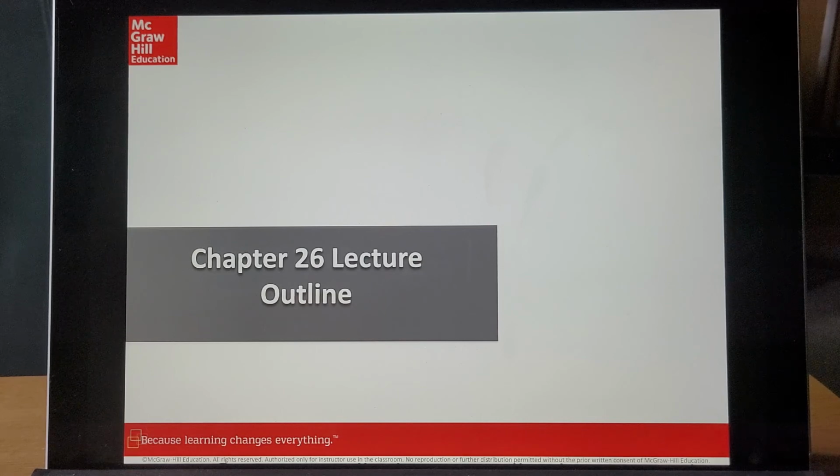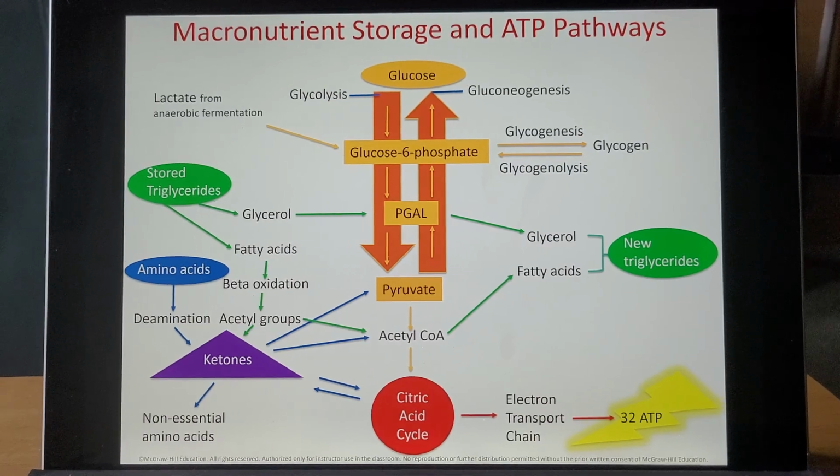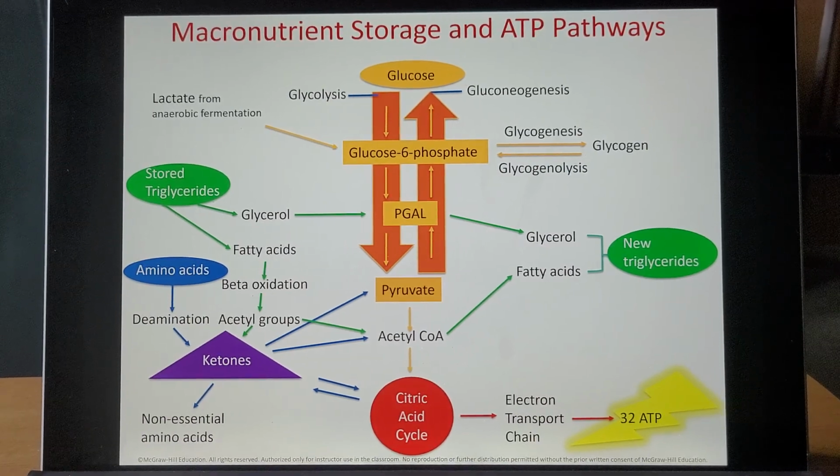So in the first question on the study guide, I talk about this slide, the macronutrient storage and ATP pathways. So with our digestion, we talked about carbohydrates, fats or lipids, and protein. I know it looks like a lot, but this actually contains almost most of what we're going to cover in this chapter.